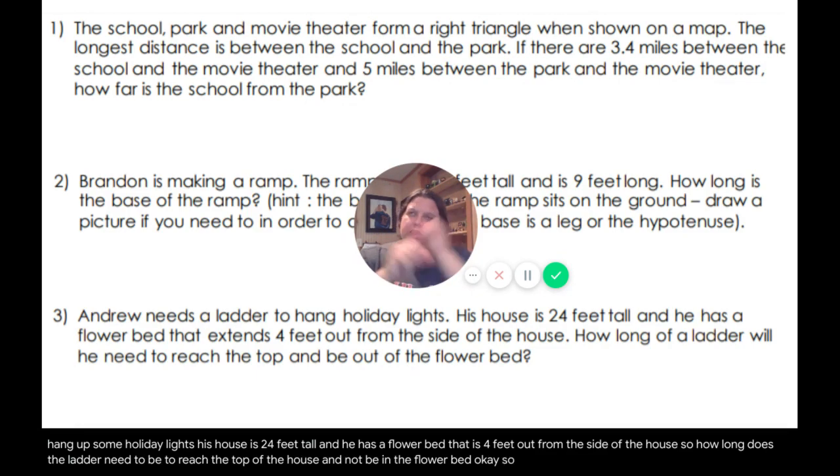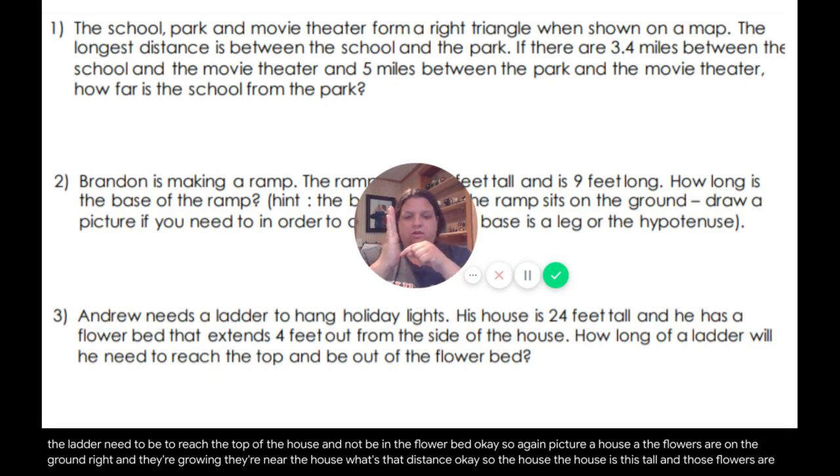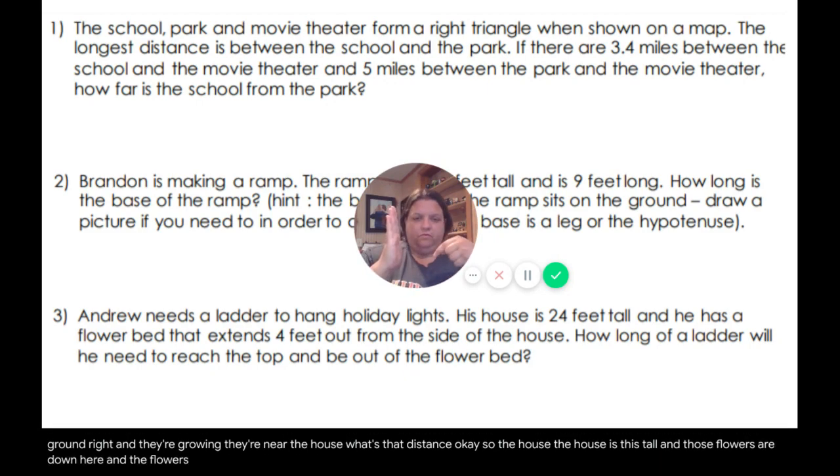Okay, so again, picture a house. The flowers are on the ground, right? And they're growing near the house. What's that distance? The house is this tall, and those flowers are down here, and the flowers come out from the house.